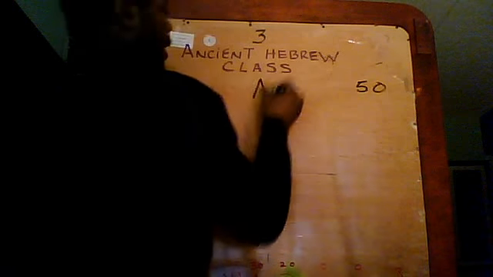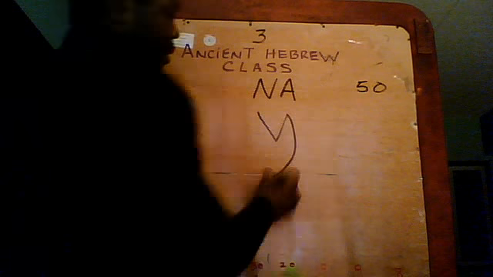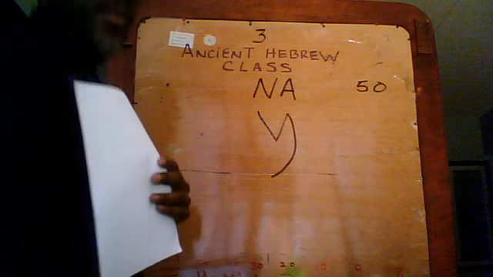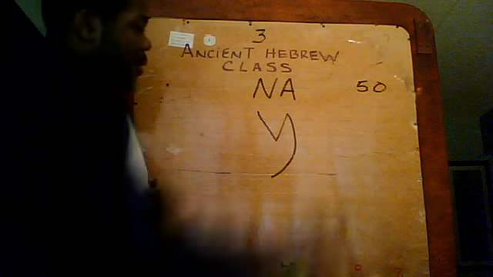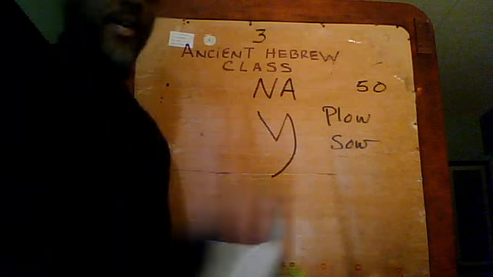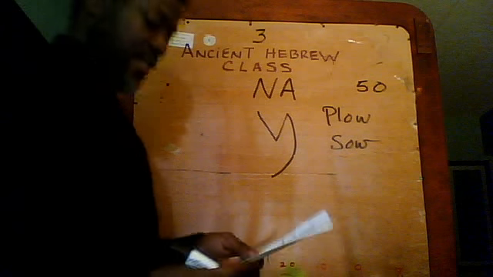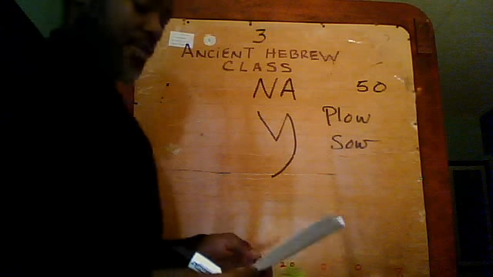And our last, 50, na. Na is the plow. To plow or sow. You use the plow, you put it behind the ox, and you pull, you bounce the plow across the ground, and it creates a trench. Those are called furrows.